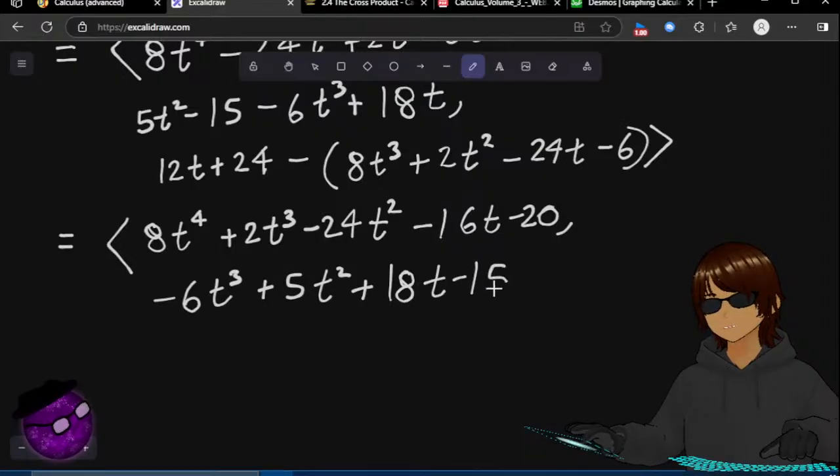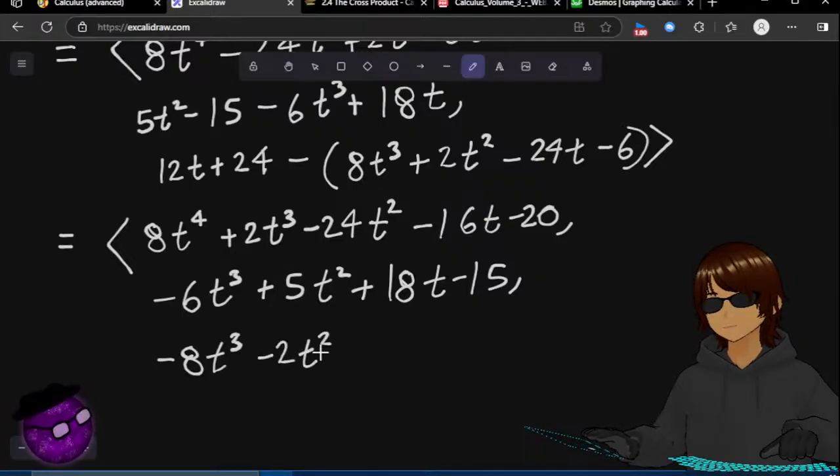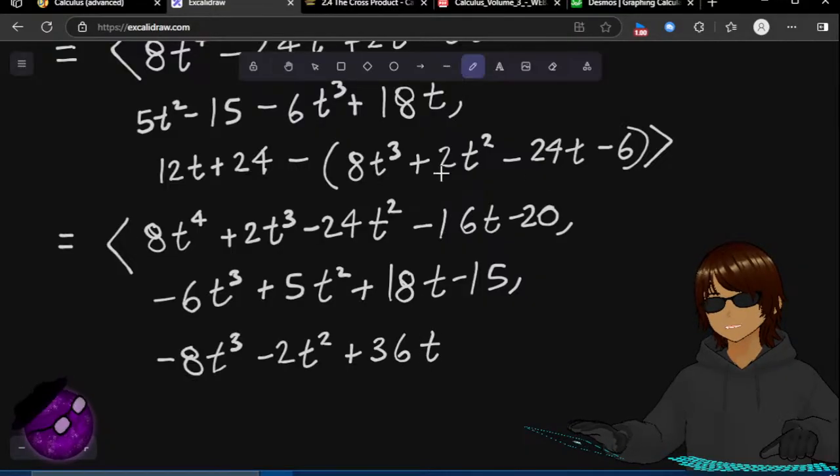Eighteen t minus 15 minus 2t square. And then this is plus 24t. That goes with plus 12. And then this will become plus 6. Then over here, plus 30.